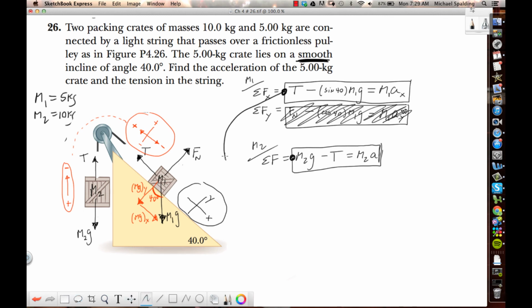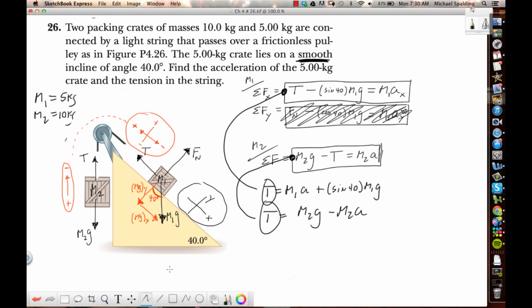So we put the equations together. Take this equation, solve it for T. T is equal to M1A plus sine 40 M1G. Then take this equation, T equals M2G minus M2A. What do we know about the T's? They're equal. If the T's are equal, that means the right side of the equations are equal.